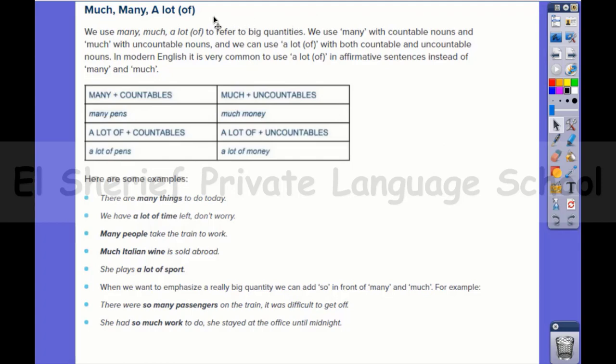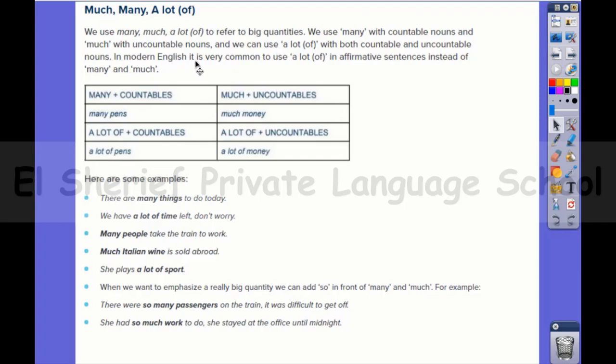Okay, so now let's move on to this one here. So we use many, much, a lot of to refer to big quantities. We use many with countable nouns and much with uncountable nouns. And we can use a lot of with both countable and uncountable nouns.